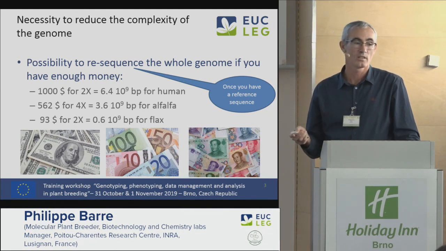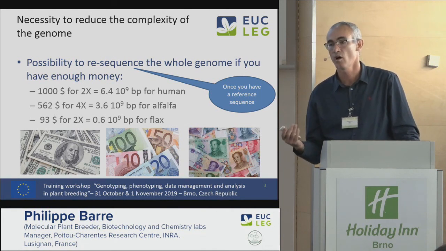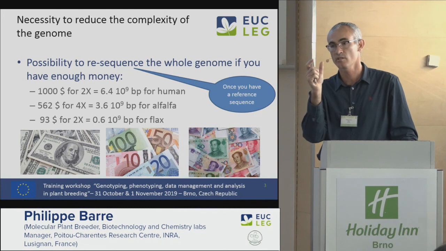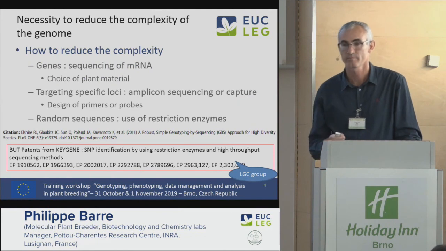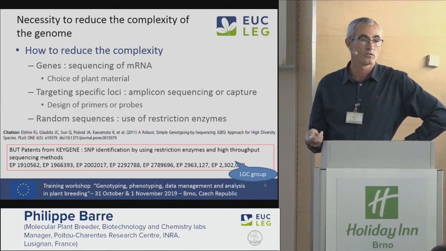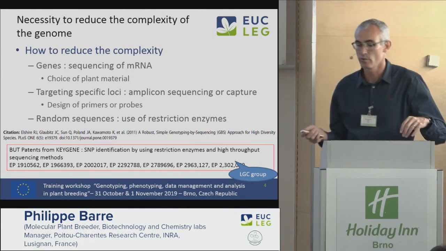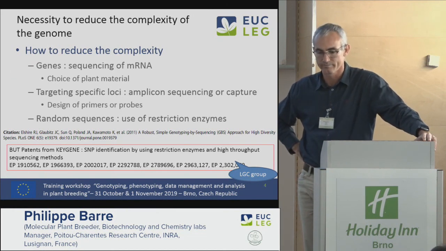So in the majority of cases, it won't be possible to do whole genome sequencing. So we will have to reduce, and usually they say to reduce the complexity of the genome, meaning we won't sequence everything, we will sequence only a part of the genome. Which part? You can decide, and it has been done several times, to focus on genes. For example, you will sequence RNA messenger, mRNA.